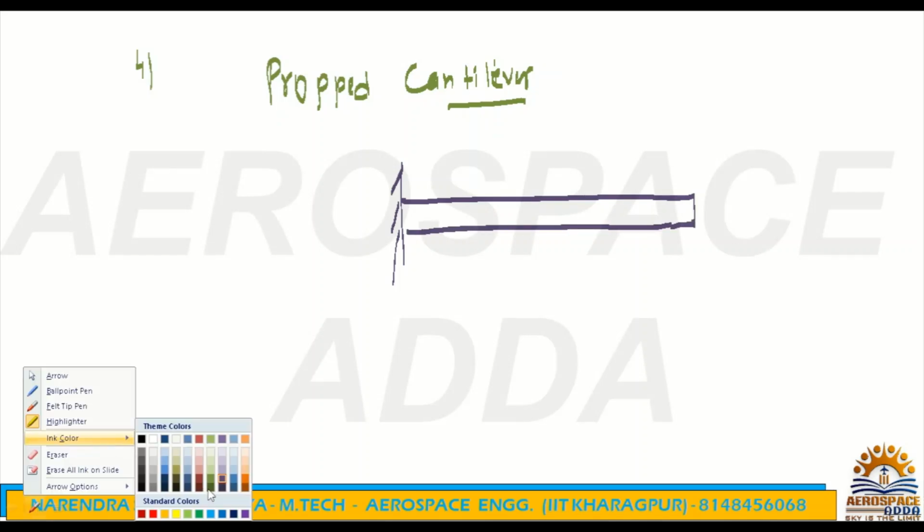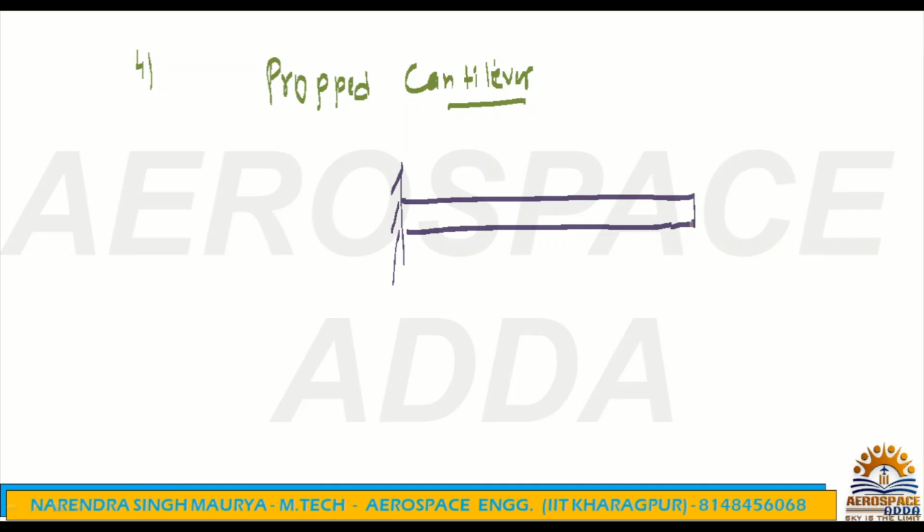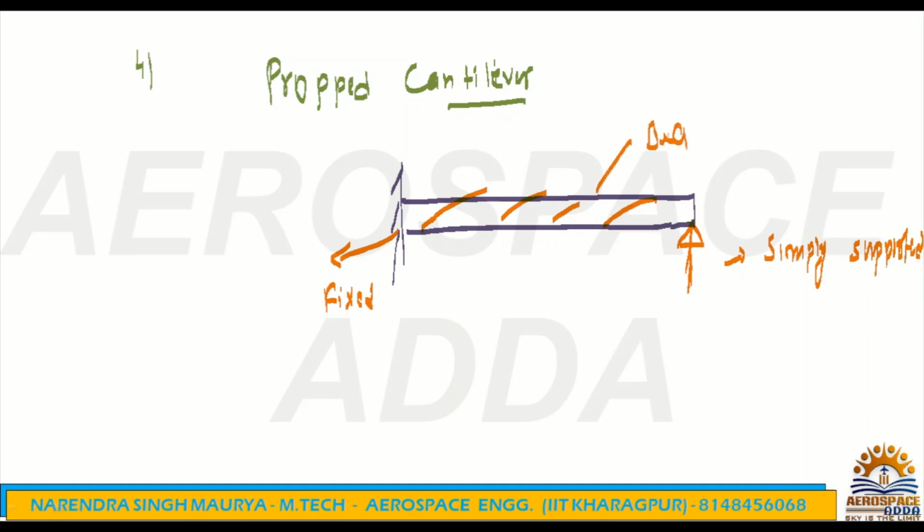But it is called a propped cantilever beam when the free end is not free, it is supported. So it is simply supported here, and this is fixed. This type of beam is called a propped cantilever.